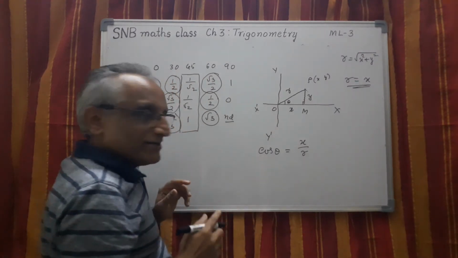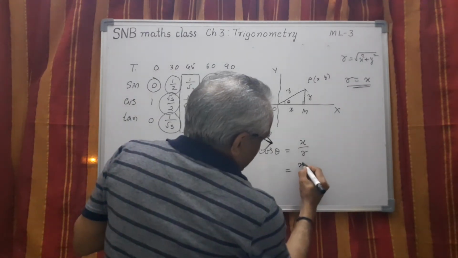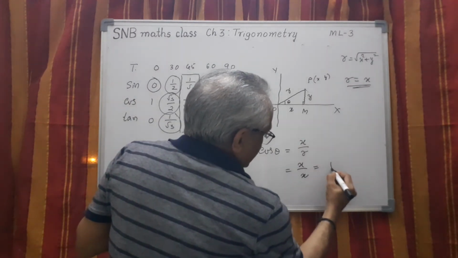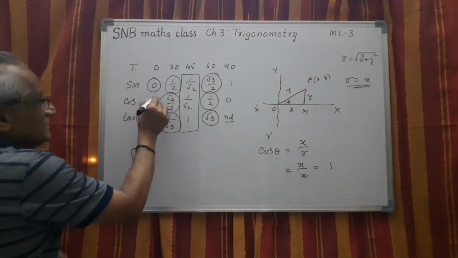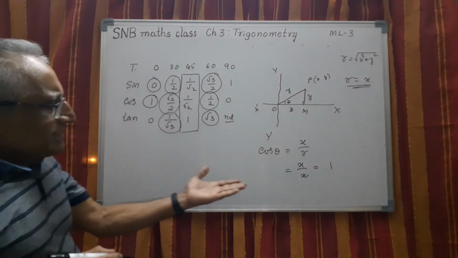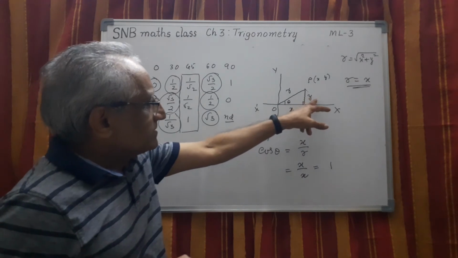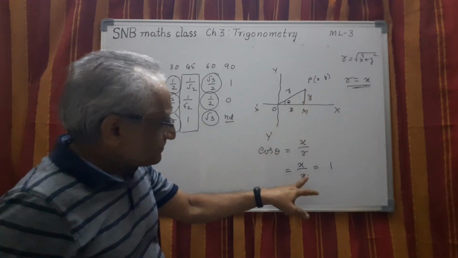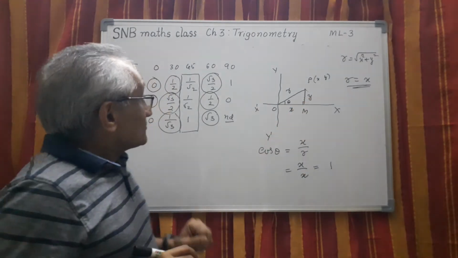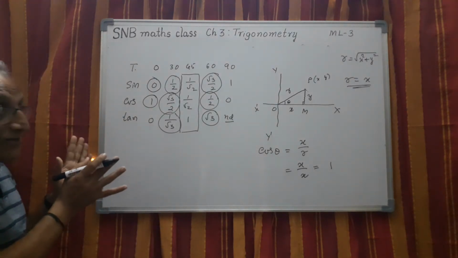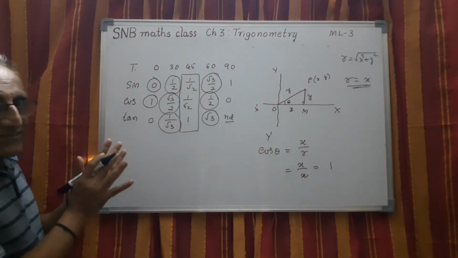So I need not explain once again. This becomes x upon x. So this is 1. Therefore, cos 0 becomes 1. Tan 0 I need not prove once again. So this becomes 0, y over x, with x only in the denominator. So this is the logical way of deducing the result.